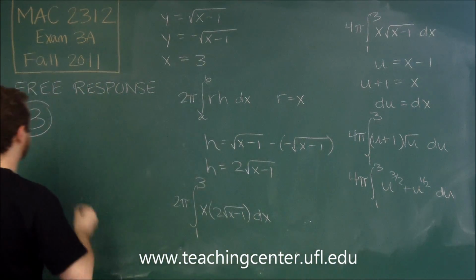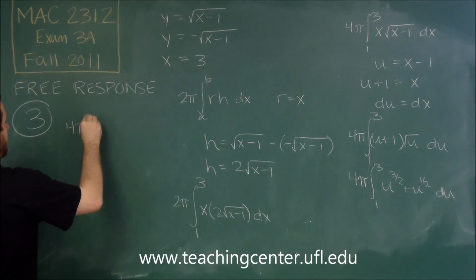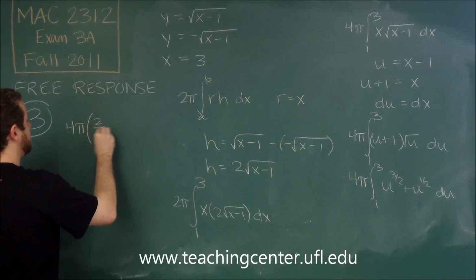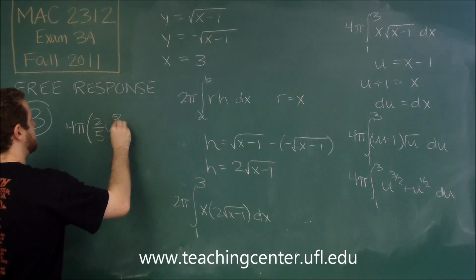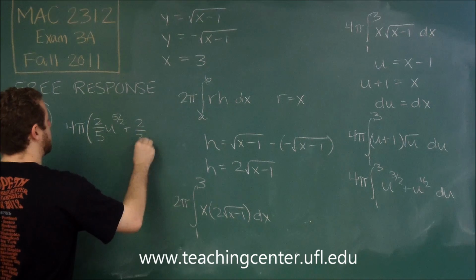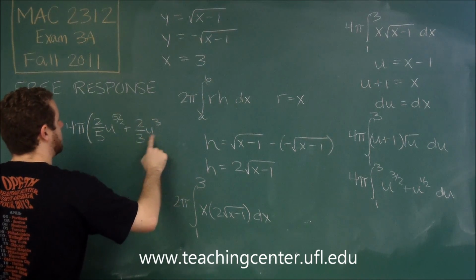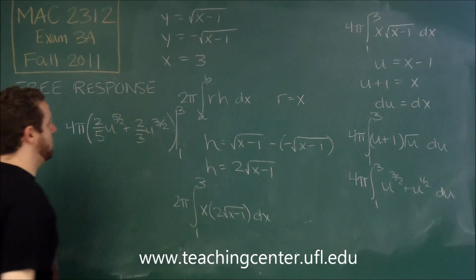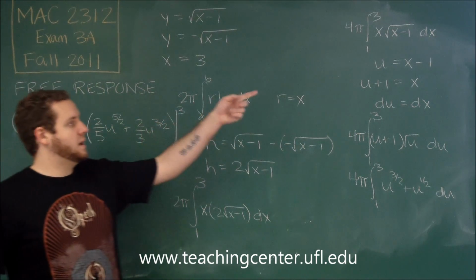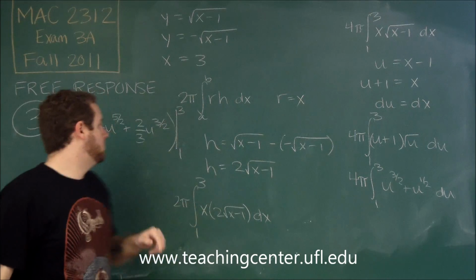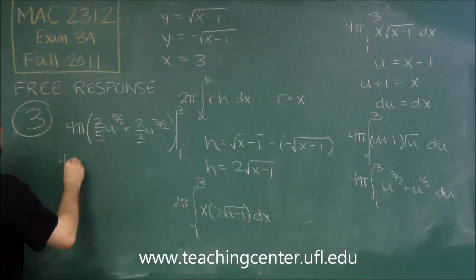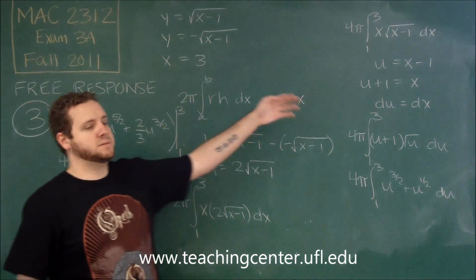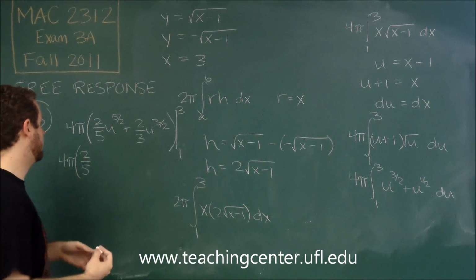To compute that integral, we're going to get 4 pi times the antiderivative of the first term, which would be 2/5 u to the 5/2, plus 2/3 u to the 3/2 from 1 to 3. But remember that 1 to 3 is for x, so we need to plug back in. Or you could have changed the bounds from x to u, either way.